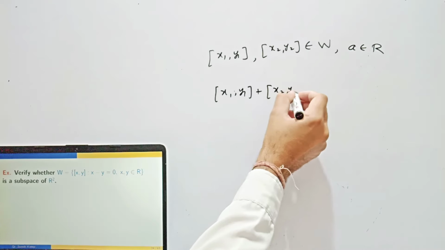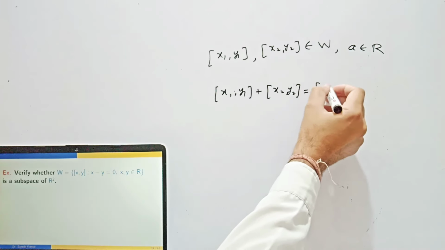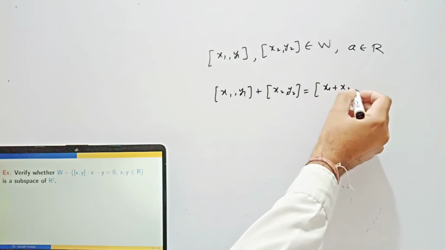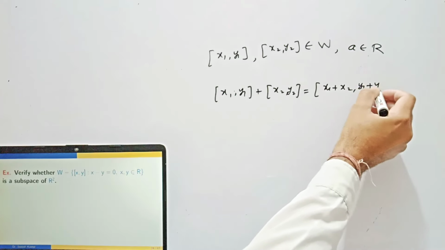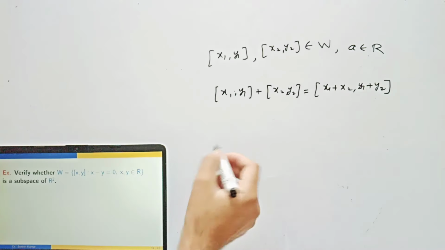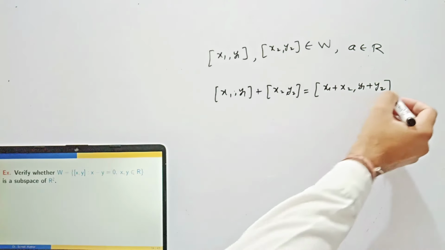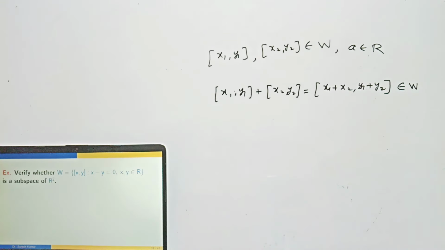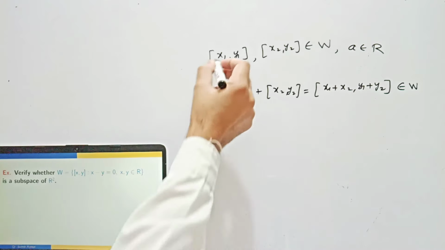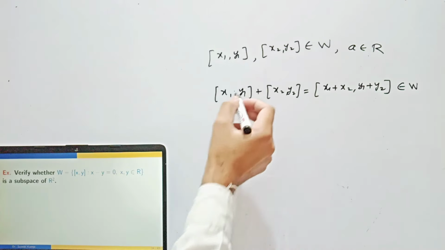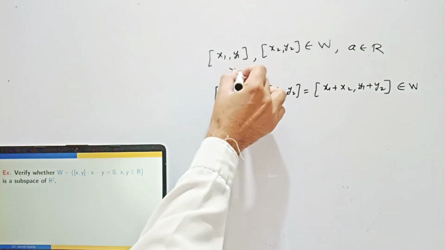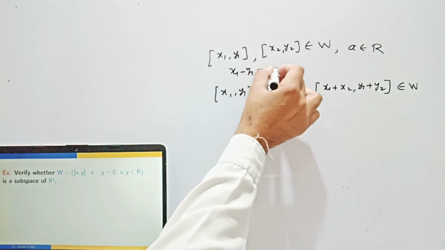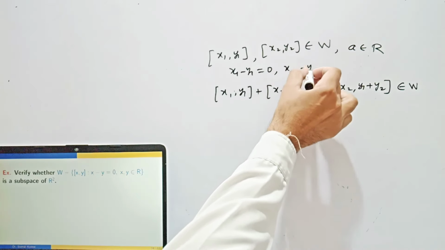By definition of vector addition in R2, it is x1 plus x2, comma y1 plus y2. The question is whether this belongs to W again or not. It belongs to W. Why? Because (x1, y1) and (x2, y2) belong to W, so x1 minus y1 is 0 and x2 minus y2 is 0.